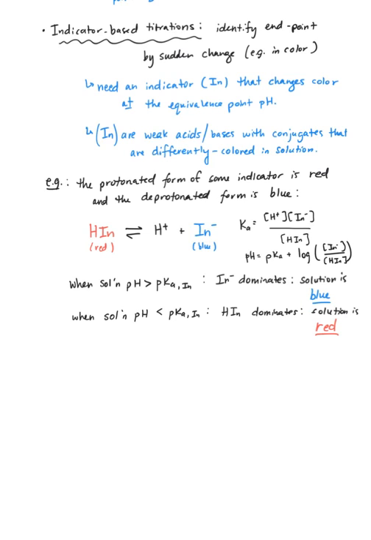For an indicator to be most effective, for us to see the most drastic and sudden color change in solution, we want our equivalence point pH to change by more than plus or minus 2 pH units from where we start our titration. So, we want to have a significant change in pH of our solution as we're titrating in order to see the most drastic color change effect in our indicator.